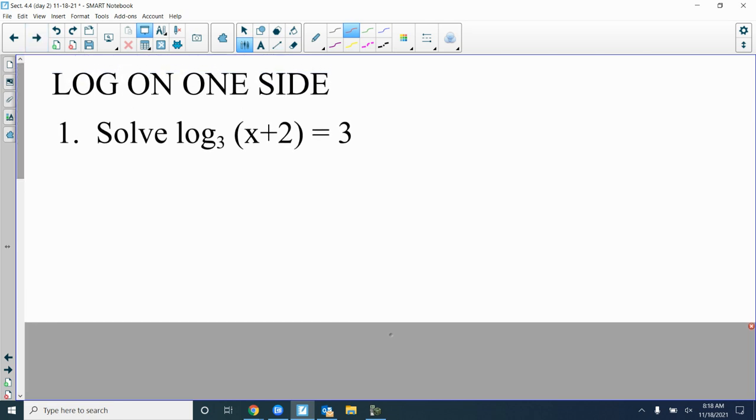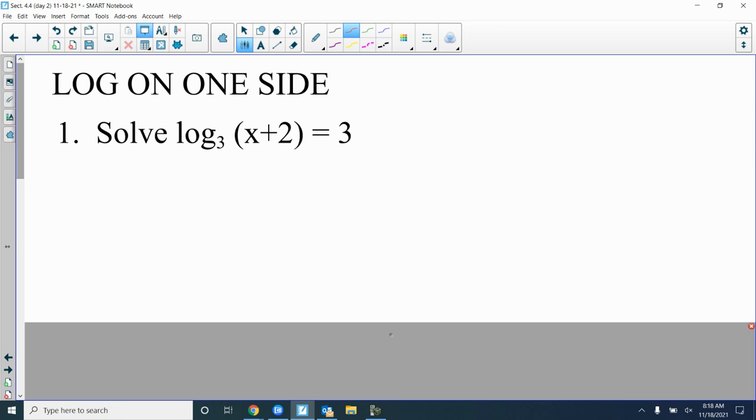Now, occasionally you'll come across one or two where you could look at it and kind of using your intuition kind of figure some things out, which is fine. But we could also solve these by taking the log equation and writing it as an exponential equation.